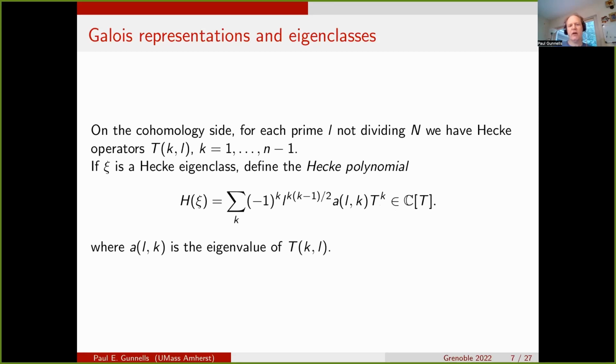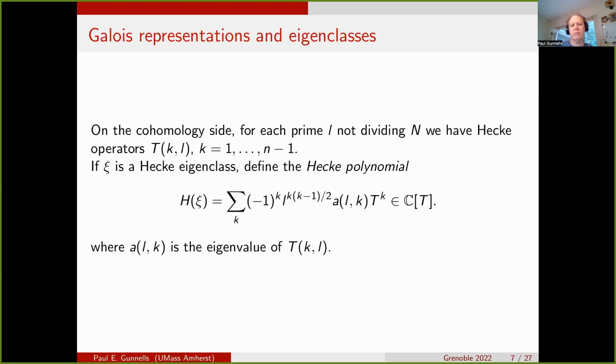It has some powers of L, it has the eigenvalues, it has some signs. At this level of discussion, it's not that important where it comes from. Essentially, it's like the local factor for an L-function. If you take n equals 2 and look at that case, and replace t by L to the minus s, you're actually getting the local factor for the L-function.